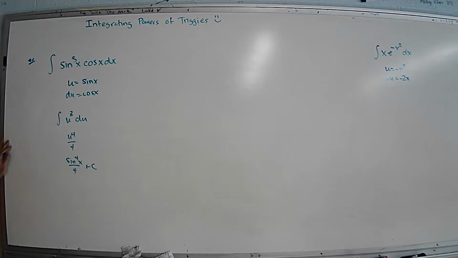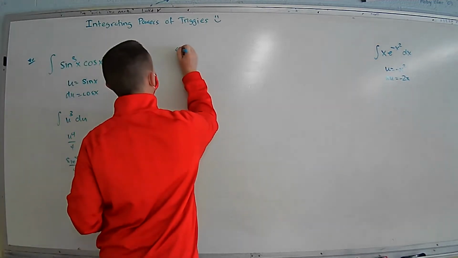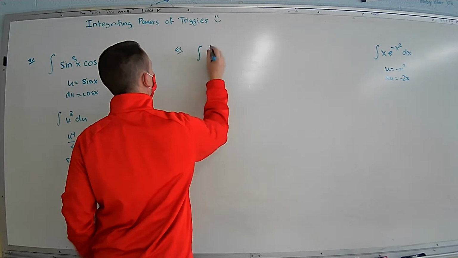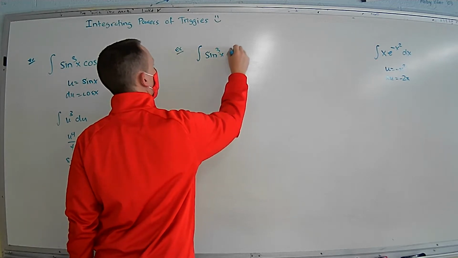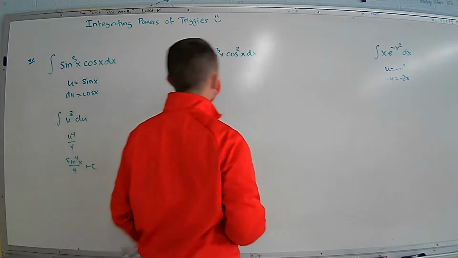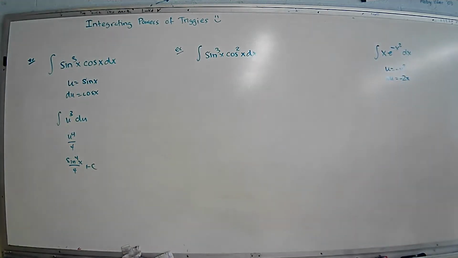You like that? Okay, let's kick this up a little bit. So what's the difference between this one and the last one? The cosine is squared.